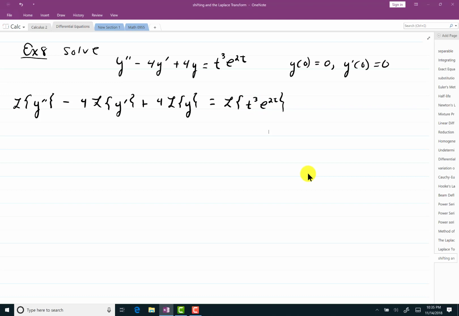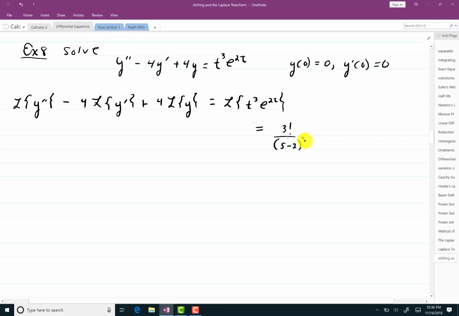Normally, the Laplace of t cubed is 3 factorial all over s to the fourth. You do whatever the exponent is, that factorial, and then you've got plus 1 for the exponent. However, this e to the 2t tells us to shift to the right 2 units. So let me take that out of there and replace it with s minus 2 to the fourth.